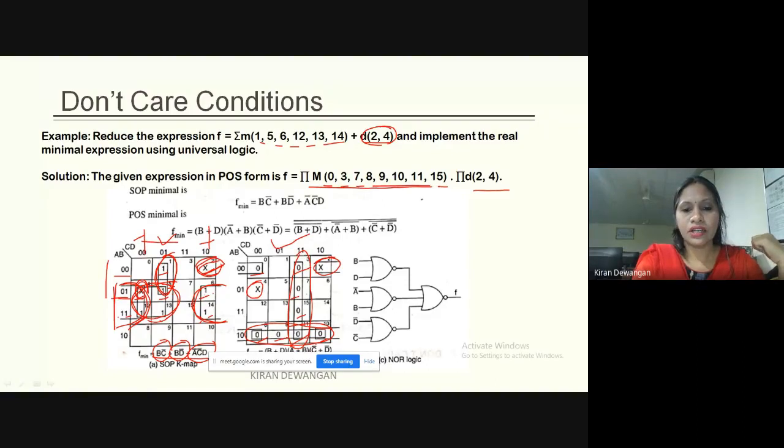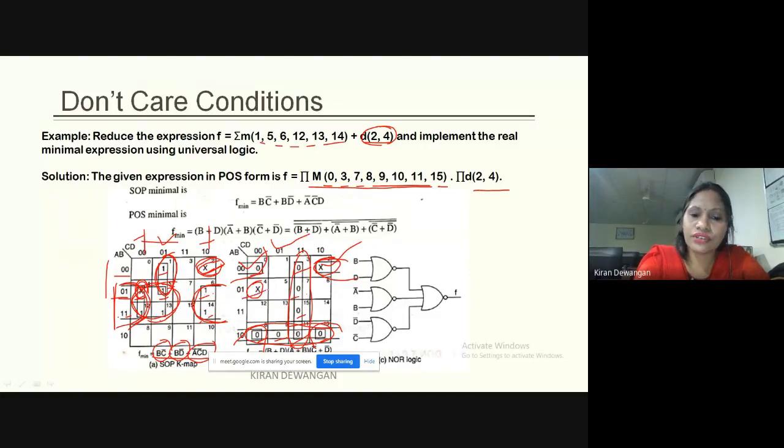Clear? Now this particular max term is left, so we can form a third quad, this one. So this is how we can have three quads, including this particular don't care term.